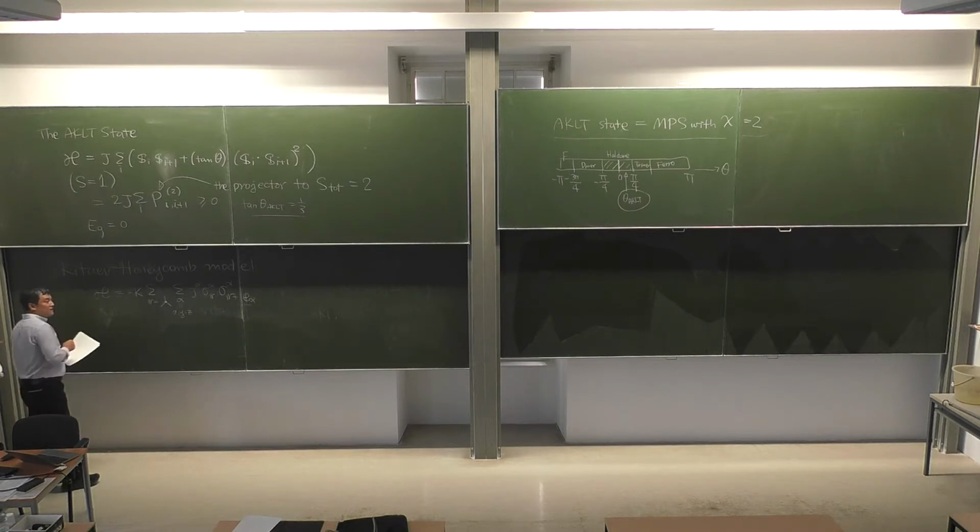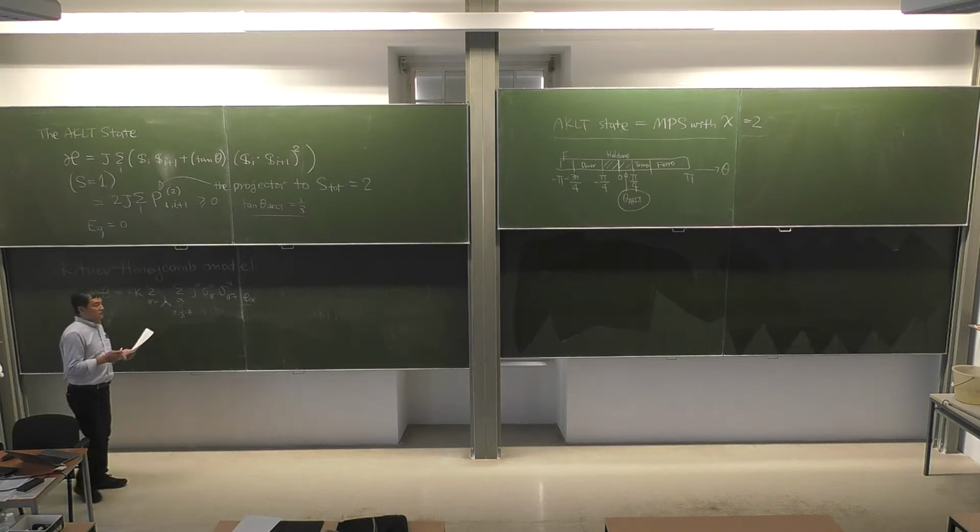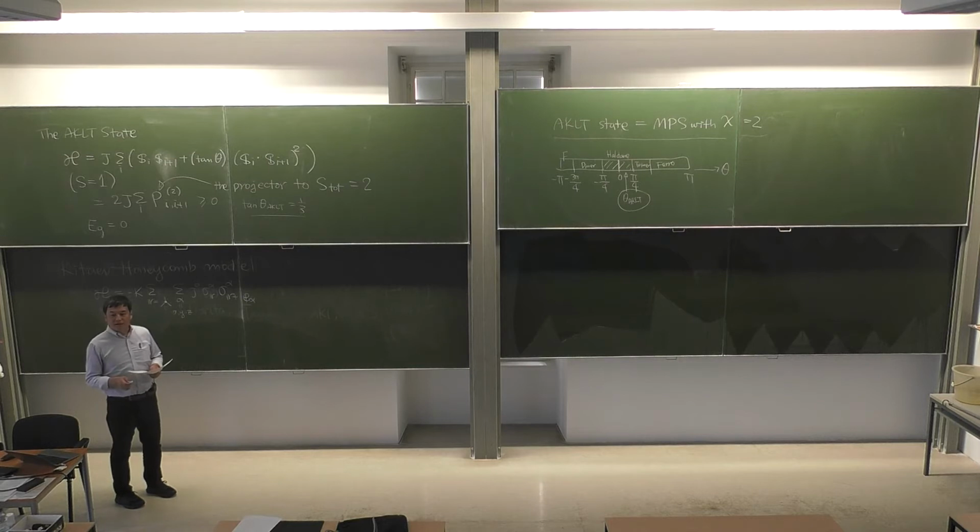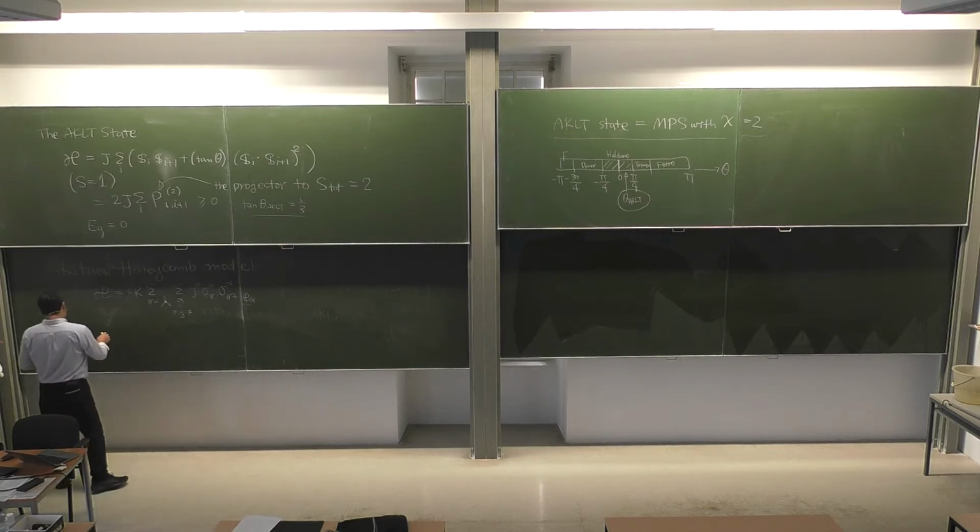And of course, it is well known that this model can be solved exactly by introducing the Majorana fermion. So by introducing Majorana fermions, we can express each Pauli spin by two Majorana operators like this.